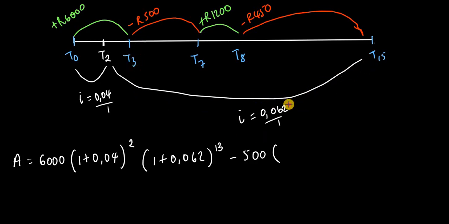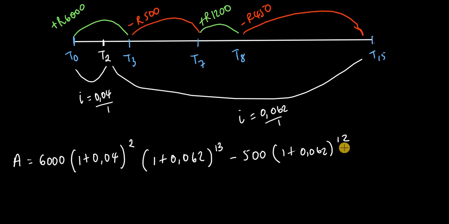The interest was this. It didn't change. So the interest was 0.062, and that was for how long? From T3 until T15. That is how much? That is 12 years. Right? That's 12 years. Then we are done.